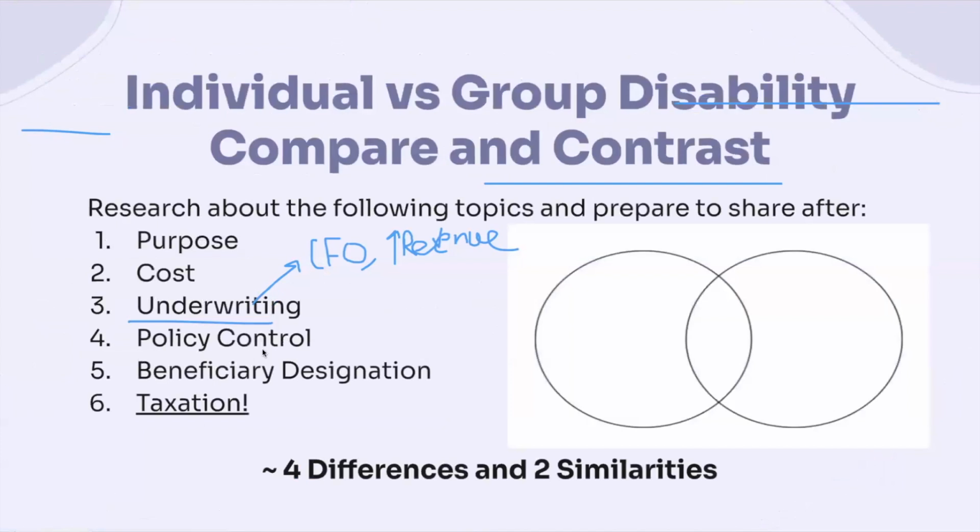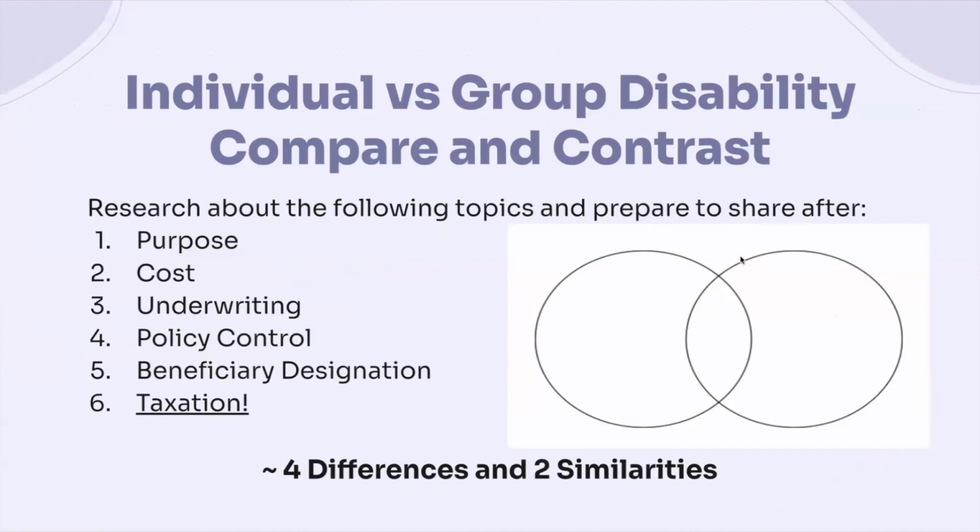Now we also want to look at the similarities and differences between group versus individual disability. We've already looked at some of this with life insurance, because we can apply what we talked about in the previous module here.